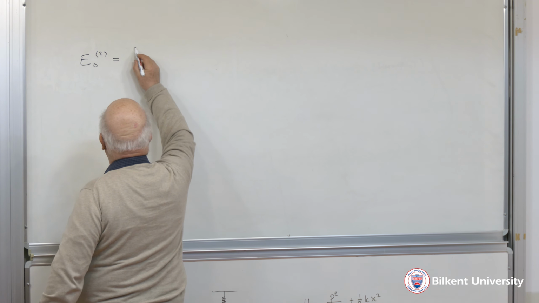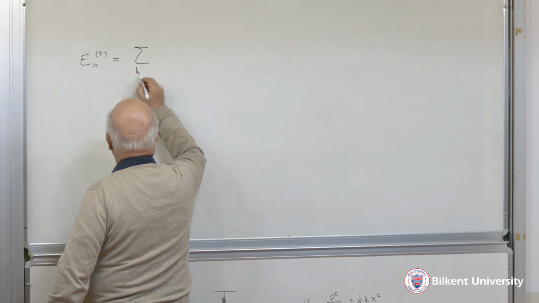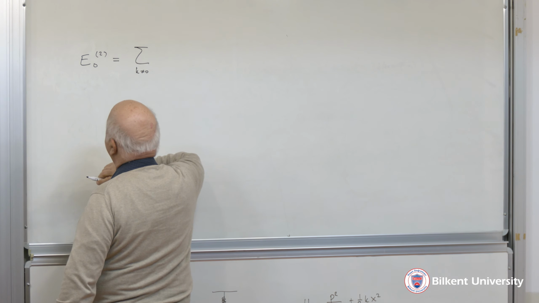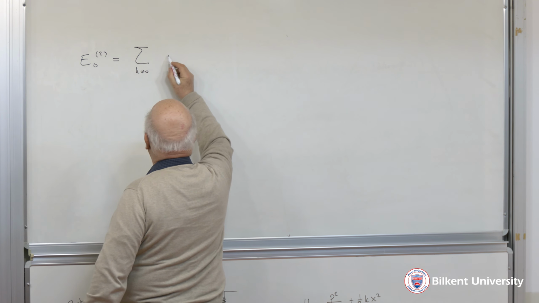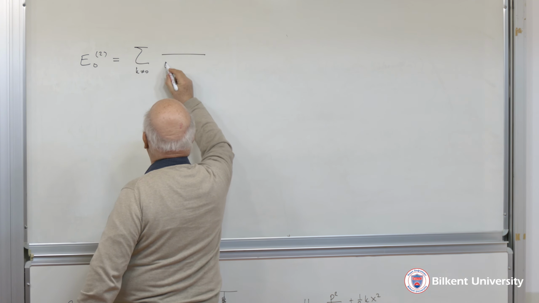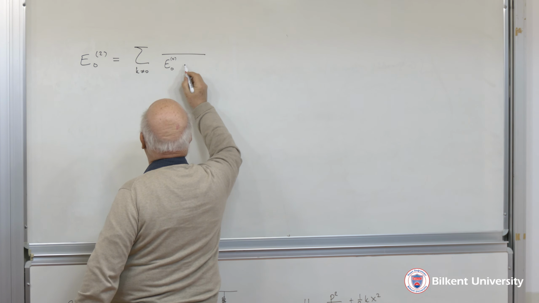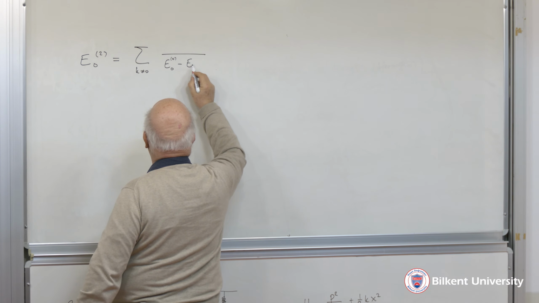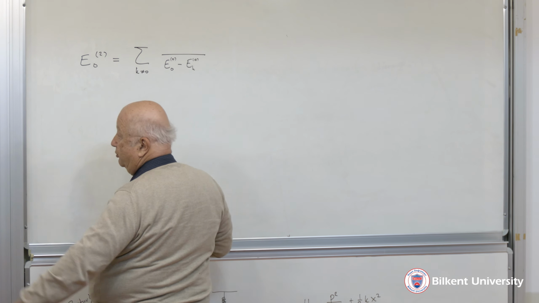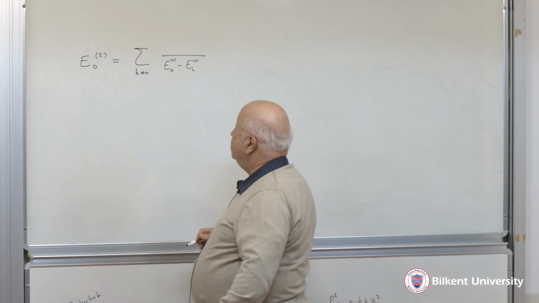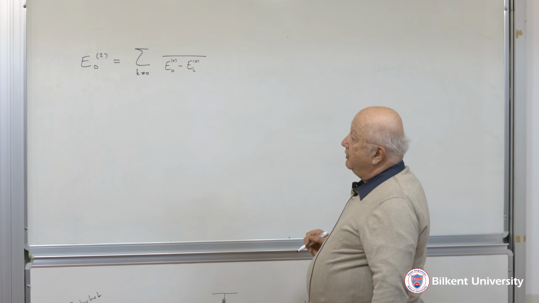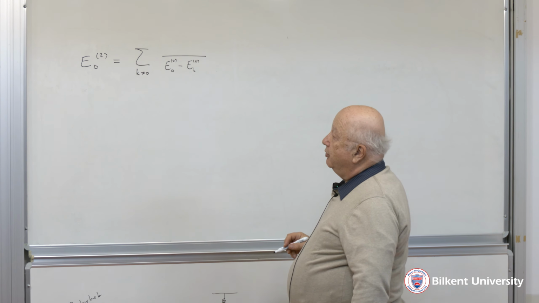So it's going to be a sum over k not equal to 0, divided by E0 to 0th order minus Ek to 0th order. I'm just rewriting that equation, except that I'm putting n equal to 0.